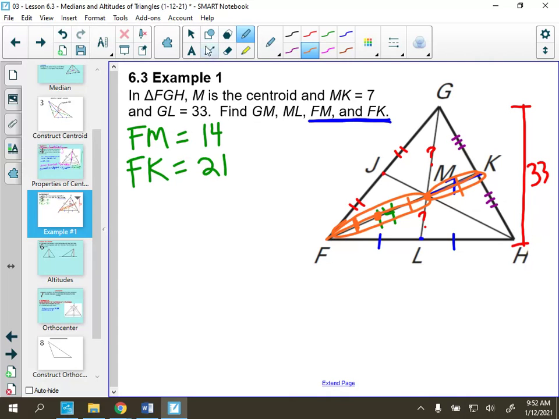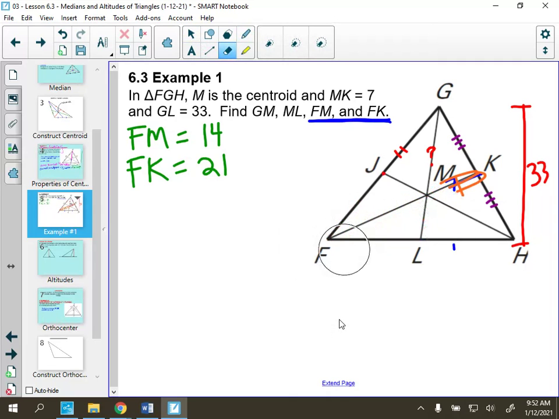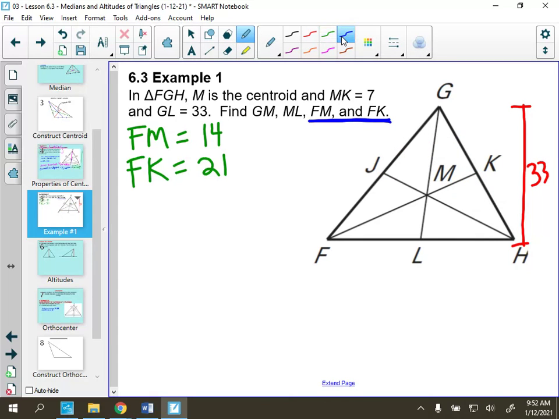Okay, so 2 different setups as far as how we're going to go about this. I'm actually going to clear everything off here other than this 33, because I think it got a little cluttered there. So here's the deal. I would do this, what we just talked about, with segment GL. I've got this median GL right here. We know it's 33 units long.